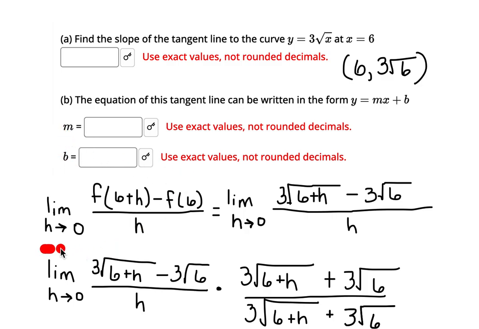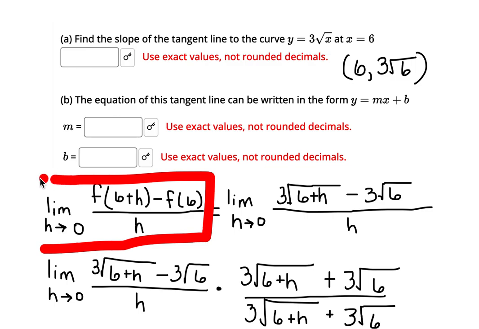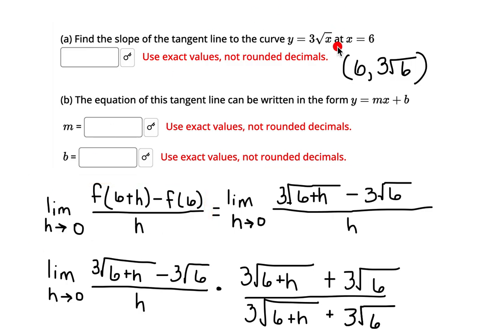So the first thing we're going to do is use our limit definition. And everywhere I see x, because we're doing this specifically for the point x equals 6, I'm going to plug in 6. So here's 6 here and 6 here in our limit definition for the derivative.